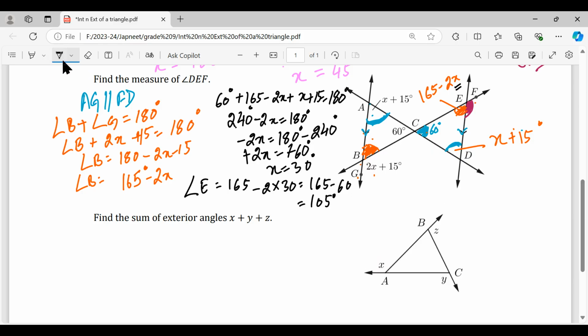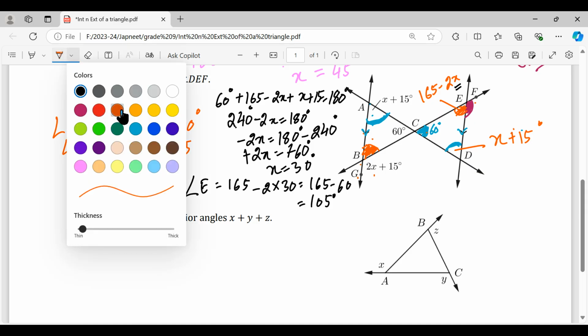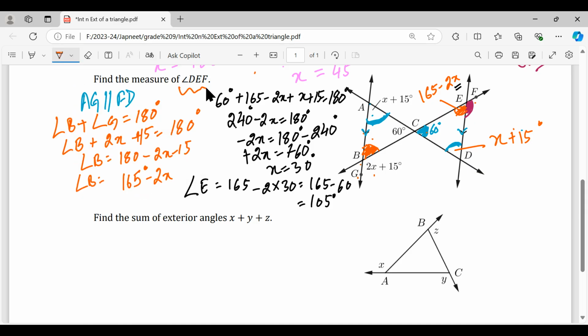Your question was to find the measure of angle DEF. So DEF is this, right? So this is linear pair of angle E. So therefore angle DEF equals 180 degrees minus 105 degrees, which is nothing but 75 degrees, right?